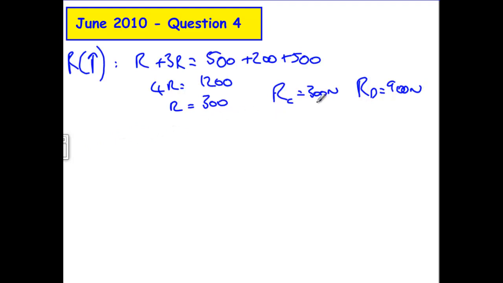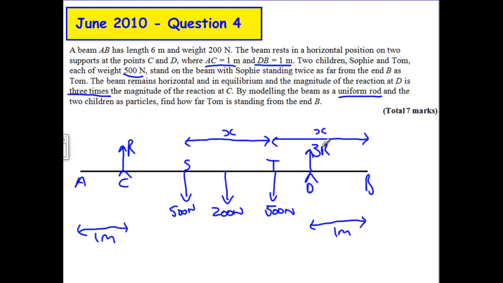So now we've found this, we can use these values in a moments equation to help find a distance x. Now because we want to find the distance x, which is the distance from B, I am going to take moments about B, which means I am going to look at all the forces acting in a clockwise direction, which are the reaction forces, and all the forces acting in an anti-clockwise direction, which is 500, 200 and 500.